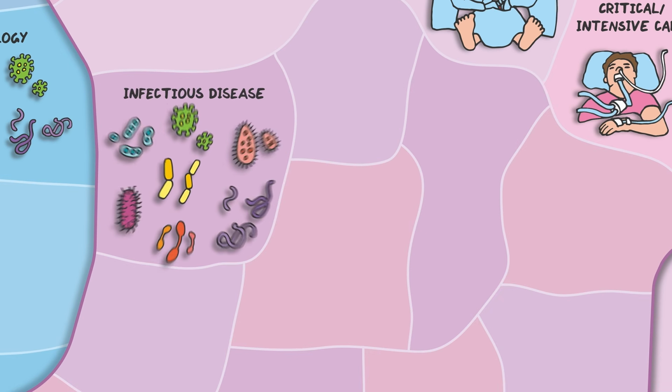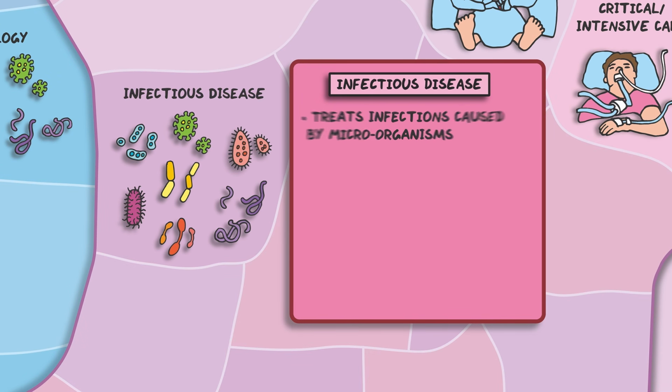Which brings us to infectious disease, which deals with the diagnosis, treatment, and prevention of infections caused by microorganisms, such as bacteria, viruses, fungi, and parasites. Infectious disease physicians are experts in identifying and managing infections, as well as interpreting laboratory results and identifying potential outbreaks.